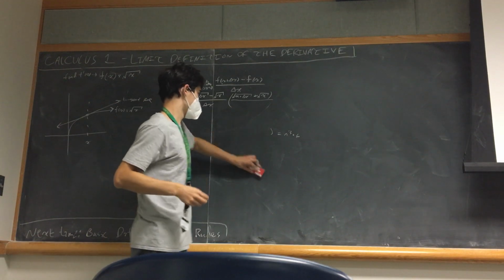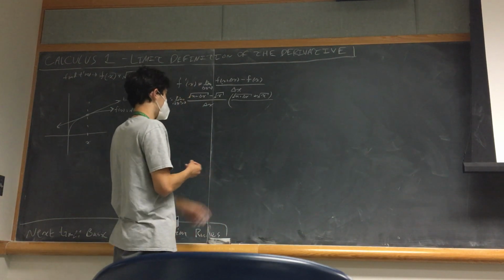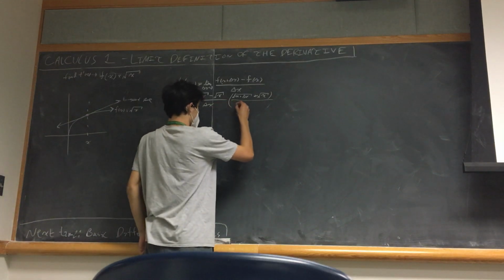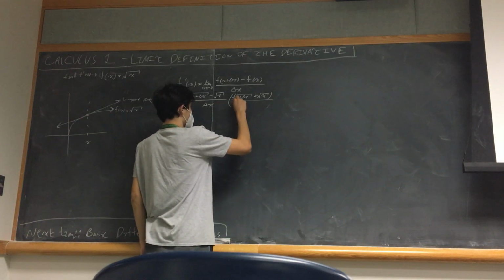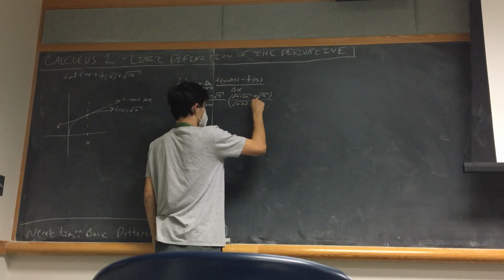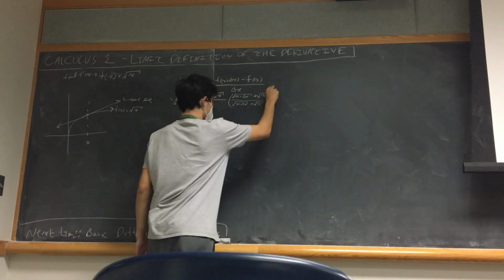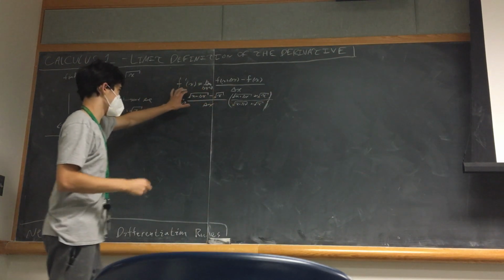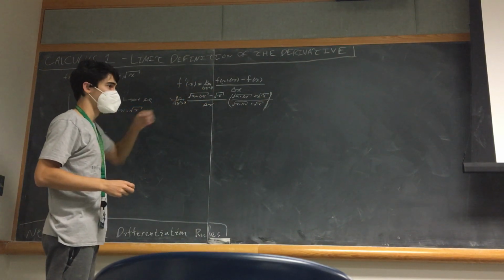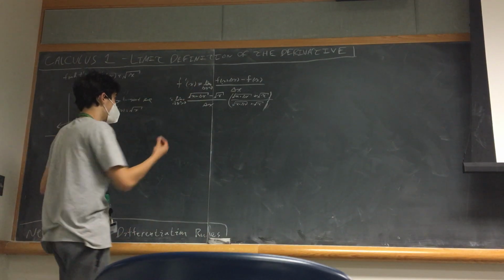So anything divided by itself is equal to 1. So we can also multiply the denominator by square root of x plus delta x plus square root of x. And what this is doing is multiplying the entire function by 1, but it's giving us a form of it that's easier to deal with.